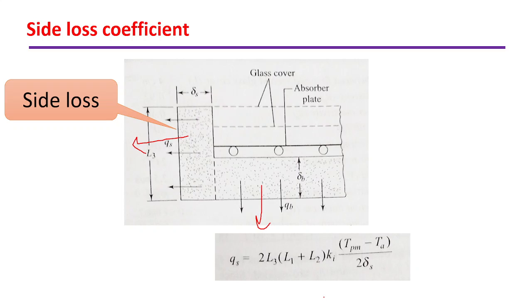If you talk about the side losses, the equation is simply 2 L3 (L1 plus L2) Ki delta T over delta S. L3 is the length from the top to the uppermost level, L1 and L2 are the lengths from here to glass 1 and glass 2, and delta S is the thickness of the insulating material.